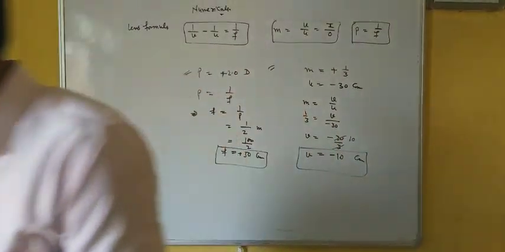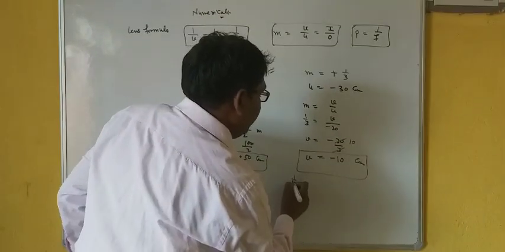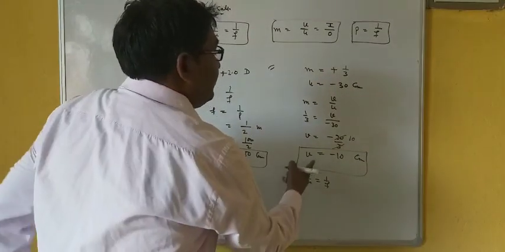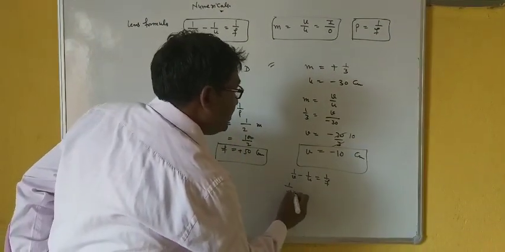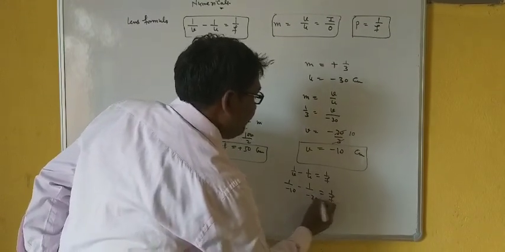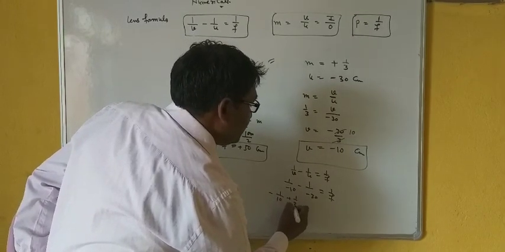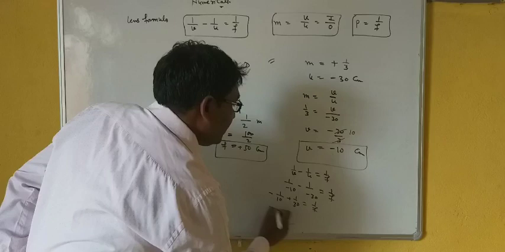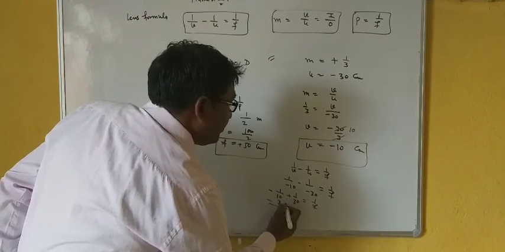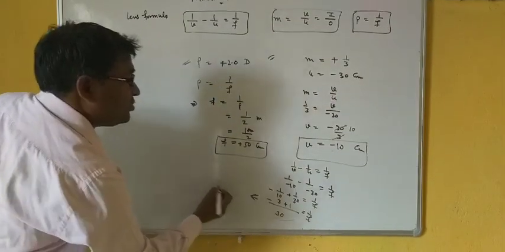Focal length of the lens. Next question is that what is focal length? So by lens formula, 1 by V minus 1 by U equals 1 by F. Putting the value, 1 by V is minus 10, minus 1 by U is minus 30, equals 1 by F. So minus 1 by 10 plus 1 by 30 equals 1 by F. Here 30 is your LCM: minus 3 plus 1 is equal to 1 by F. Solving it, what you get?